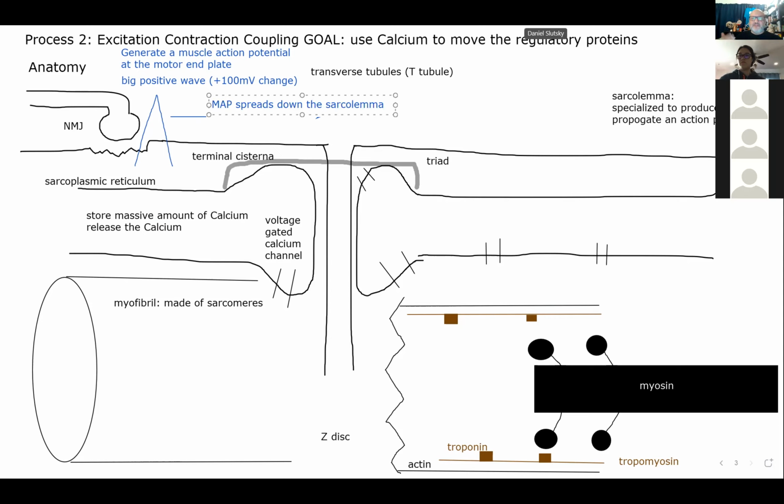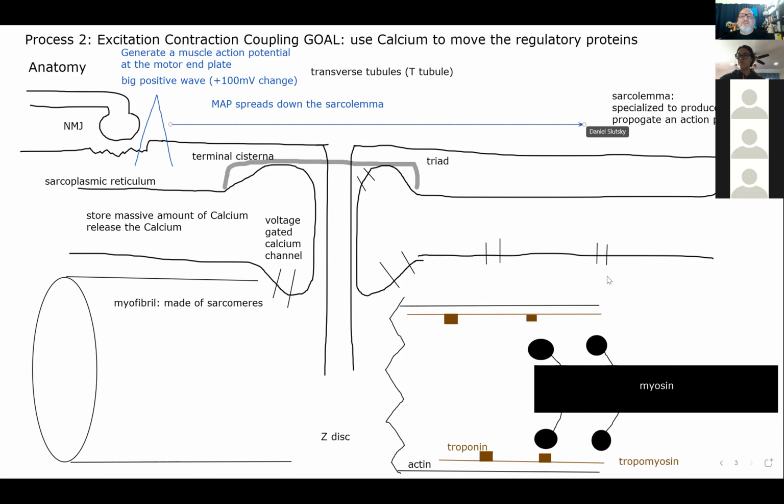Right, because the sarcolemma is specialized for the production and the propagation of a muscle action potential. However, as we know, this transverse tubule is an extension of the sarcolemma, and the tubule is filled with interstitial fluid.